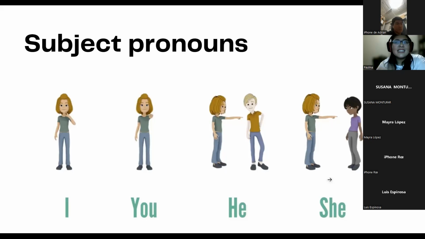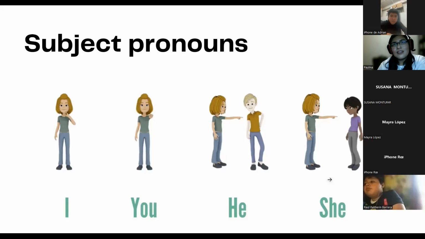Y en lugar de estar diciendo Oscar 1000 veces, lo que voy a hacer es Oscar tiene una camiseta blanca, él tiene un cuarto azul, él tiene audífonos, etc. Esos son mis pronombres. En lugar de estar diciendo nombres una y otra vez, lo cambio por pronombres cortitos.